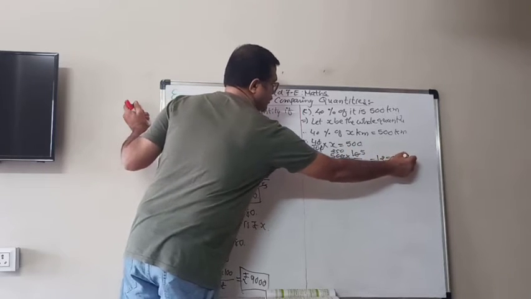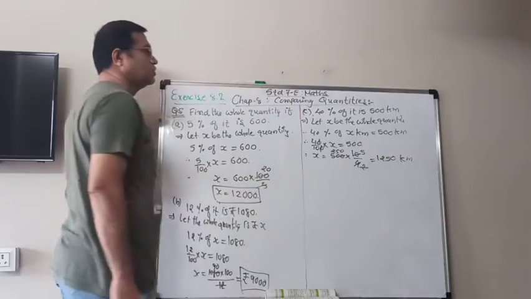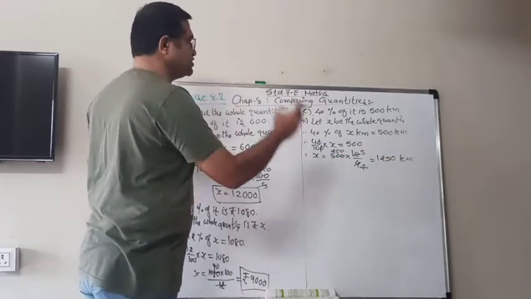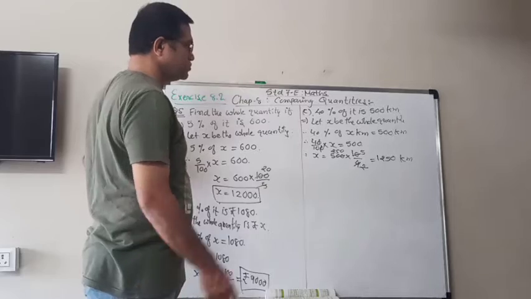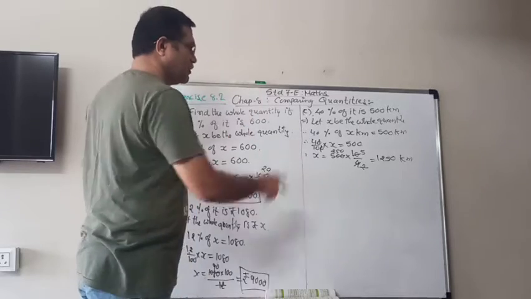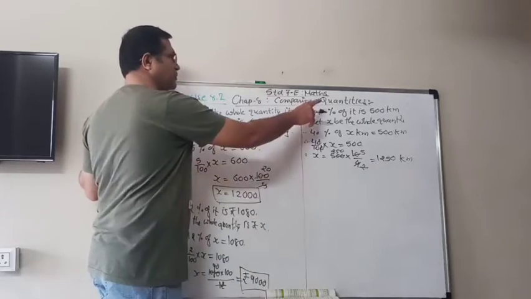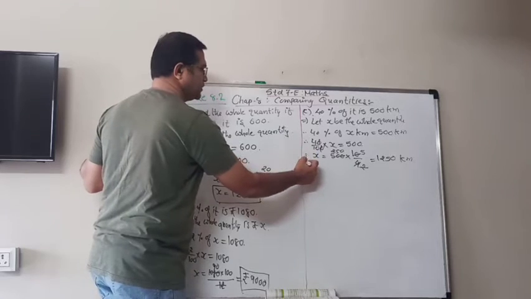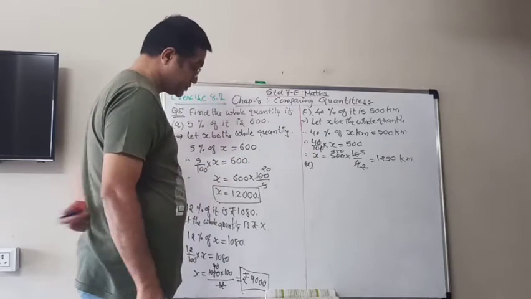That is 1250 kilometer. So 40% of 1250 kilometer is 500 kilometer.